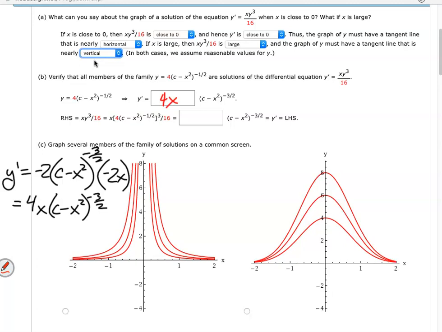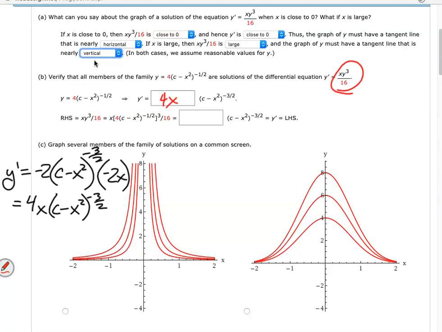It took me a minute to figure out what they meant by RHS and LHS. When I see HS, I think high school, so I'm trying to figure out why they're talking about high schools in this problem. But what that really means is right-hand solution and left-hand solution. I know they have them backwards. So your right-hand solution, the right side of this equation, is xy cubed over 16.